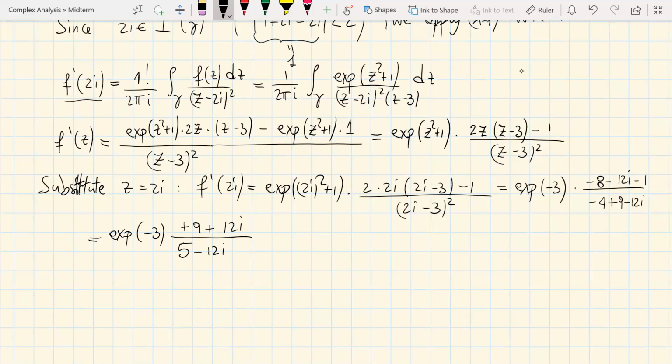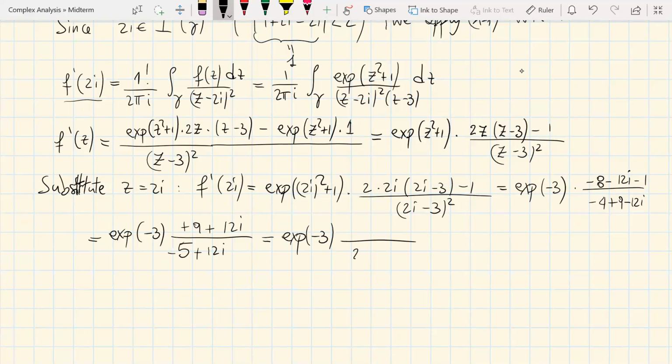Now, maybe I can just change all the signs. We get something like this. And now we want to bring this to normal form. We want to get rid of the denominator. So we multiply both by the conjugate of minus 5 plus 12i.